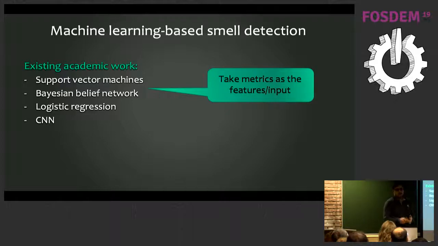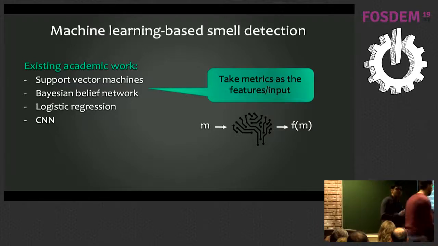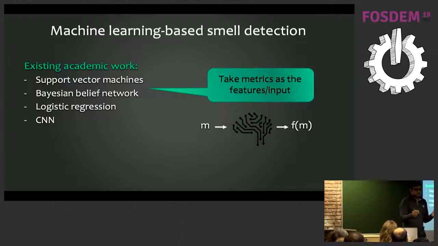But on the other hand, you are reducing the search space, and you are limiting the capabilities of the machine learning or deep learning algorithm, because you are now giving only the metrics.